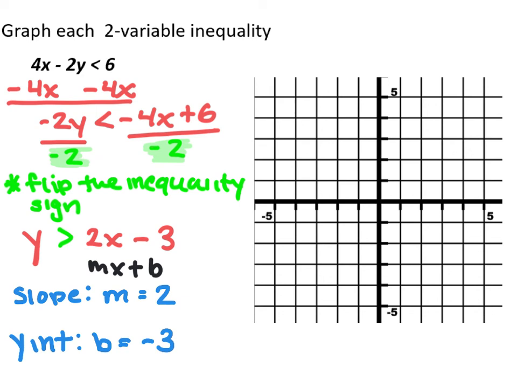So I can plot my point for the y-intercept at negative 3, and since my slope is 2, it's really 2 over 1. And using rise over run, I'm going to go up 2 and over 1 and plot my new point.